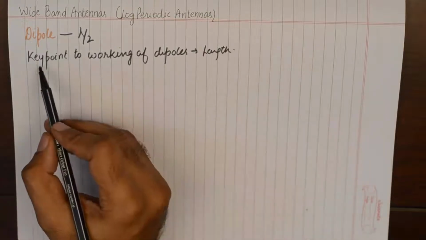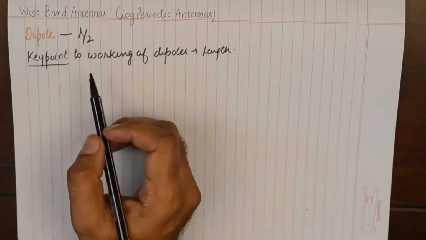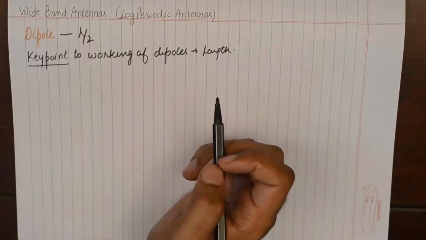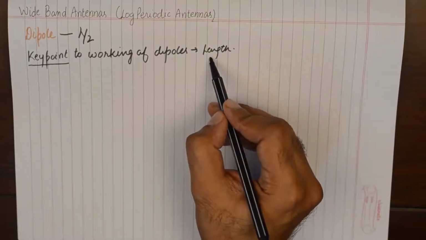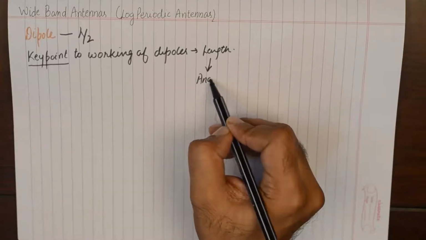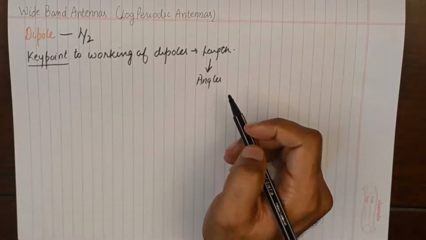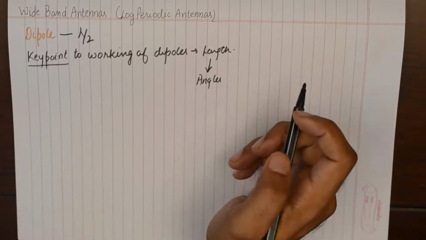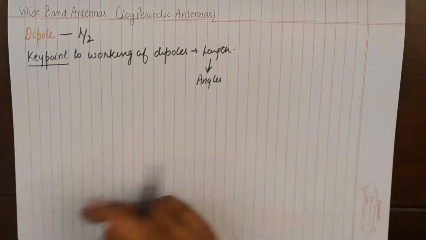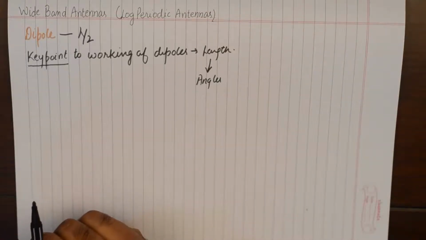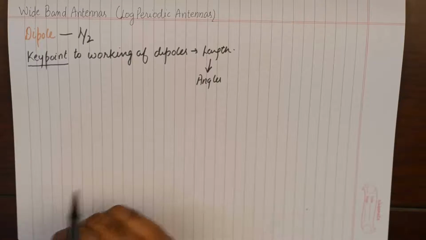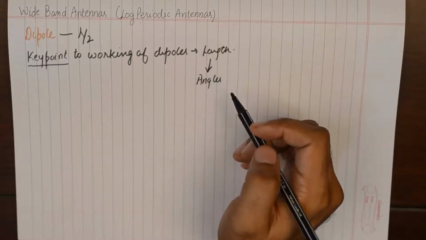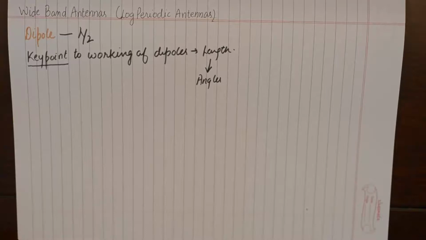Now if we change the key point or the principle behind the working of the antennas from length to angles, that would make the functioning of an antenna independent of frequency. So I'd like to highlight the point that if we change the basis of operation of antenna from length to angle, then we should be able to achieve frequency independence.